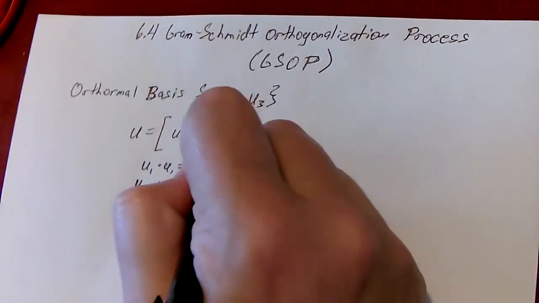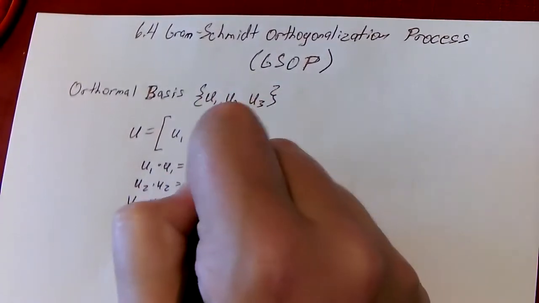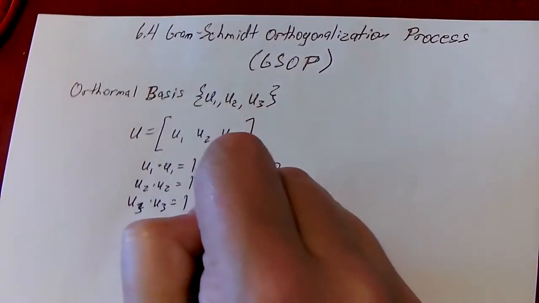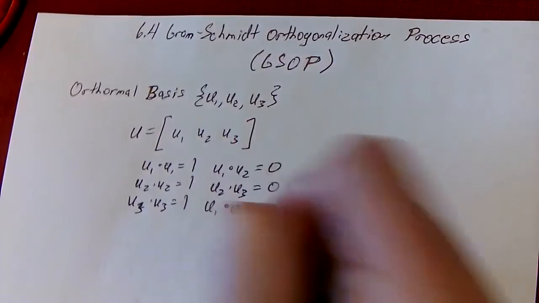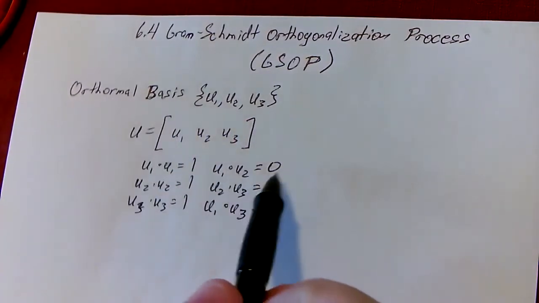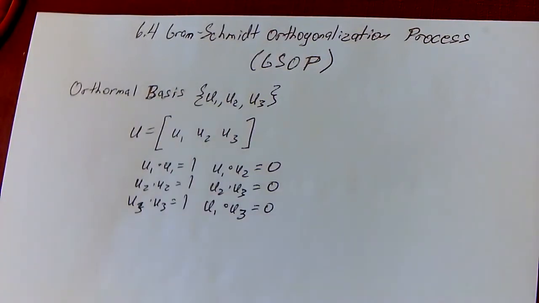And then my pairs, because it's orthogonal, U1 dot U2 has to be 0, U2 dot U3 has to be 0, and U1 dot U3 has to be 0, okay? That's the nature of being orthonormal. The vectors are orthogonal, so their dot product is 0, and the vectors are normal, so their inner product with themselves is 1, okay? Well, that's what it means to be orthonormal.